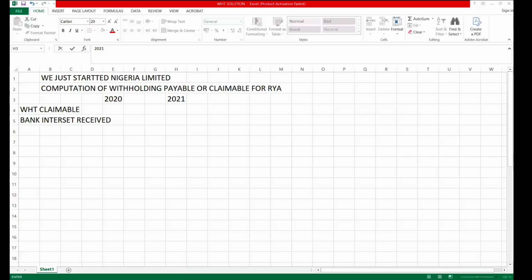So that means they collected 90%. To calculate the withholding tax, there are two ways that you can adopt. In my workings, first, bank interest. It is either you first of all gross up that amount. Grossing it up means that I want to make it become 100%. So that will be 100 divided by 90 multiplied by the value.